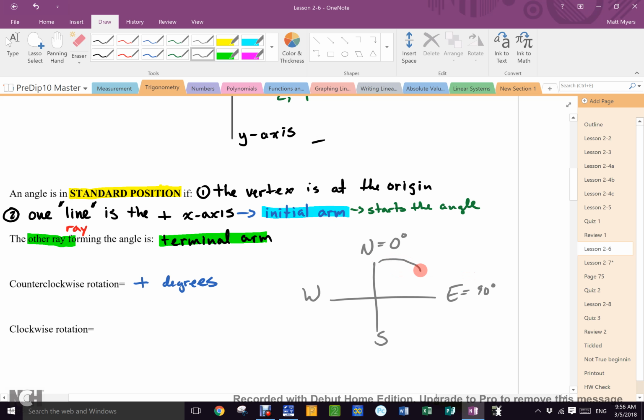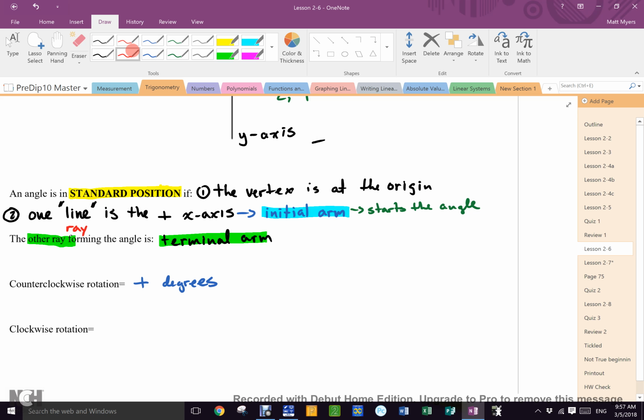So we went clockwise and started up here, and it was positive when we do directions. Everybody understand? Completely the opposite when we are doing angles, because the angle of the initial arm is 0 this time. The initial arm is where we start. Everybody cool?